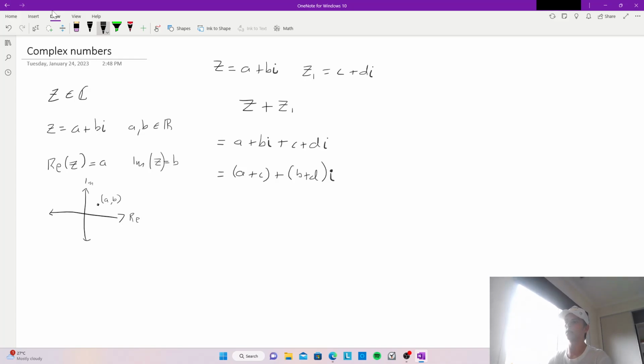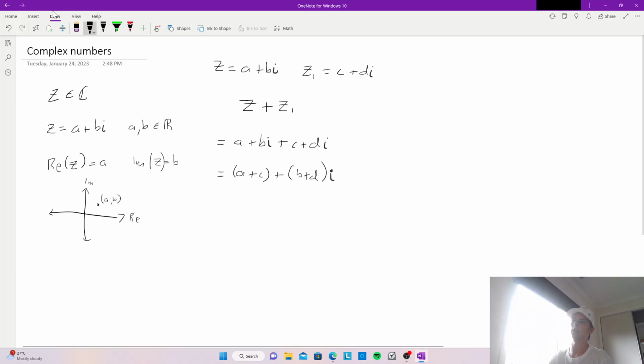This is just an expanded form of z plus z1, and you can get a rule. When you add two complex numbers together, you end up with this rule here, where you have to add the real numbers together, and then add the imaginary parts together. And that's pretty much it.